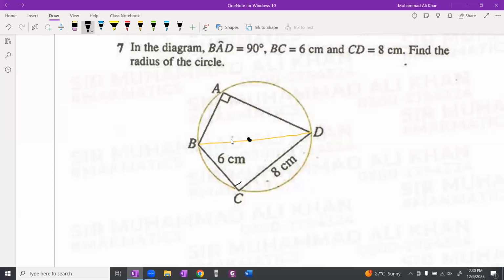By using Pythagoras theorem, hypotenuse square, BD square equals to base square plus perpendicular square. So, what is the length BD? The length BD is 10. And what is radius of the circle? It will be 10 divided by 2, 5. The complete diameter is of 10 and the radius will be of 5.